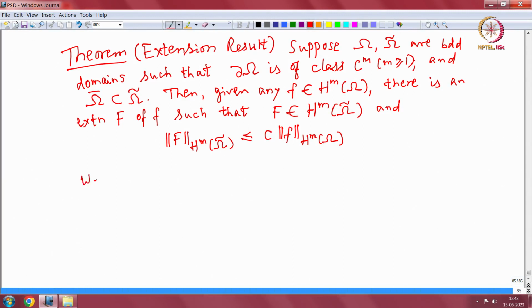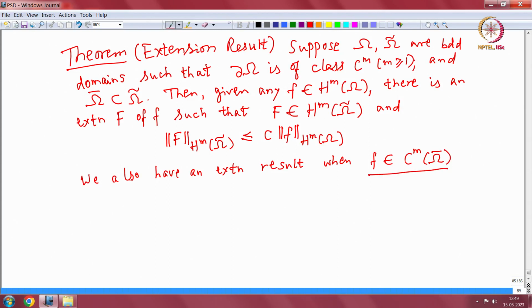We also have an extension result when f is a smooth function. Okay, so given small f in this class, there is an extension big F which is in the class Cm of omega tilde bar.